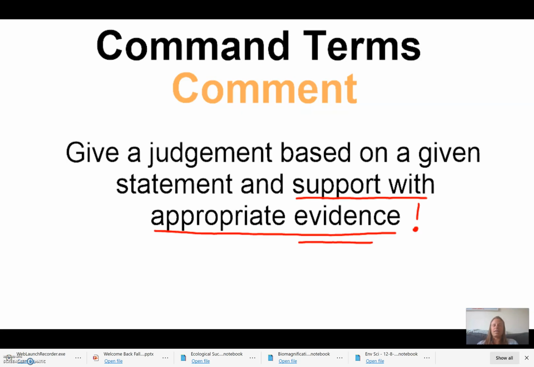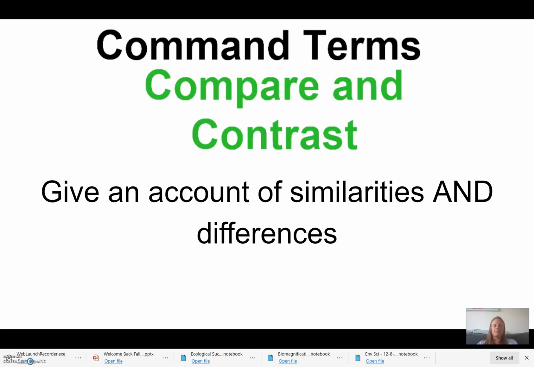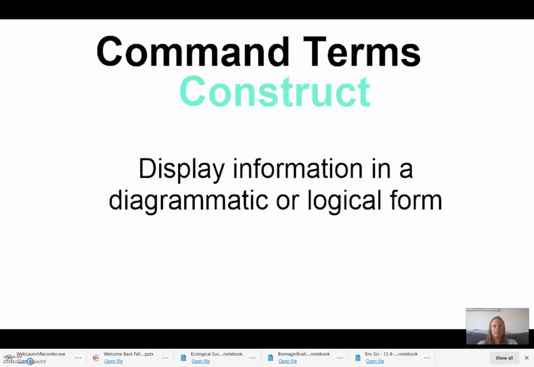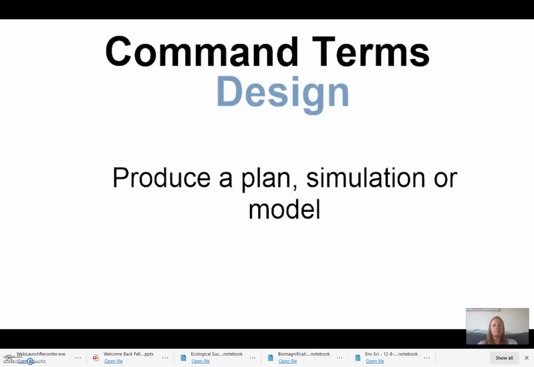Comment on something, give your judgment, but back up your judgment, support it with appropriate evidence. Compare and contrast, you need to tell me the similarities, but you also need to tell me the differences. Construct, you're displaying information in a diagrammatic, meaning a concept map, a mind map, a flow chart, or some sort of logical form.